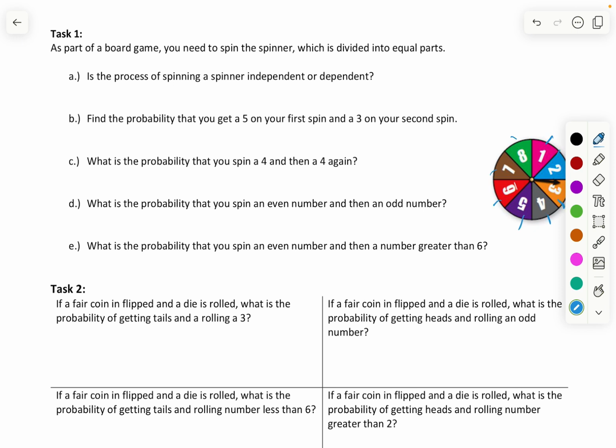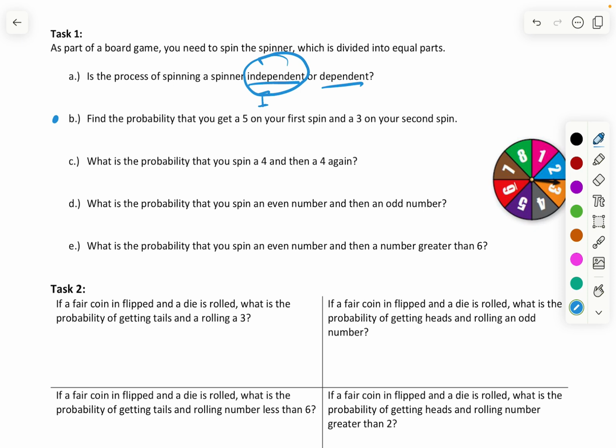There's 8 of them, so I have a 1 in 8 chance to land on any of those different spots. Does 2 spins affect each other? I would say no, so I'd say it's independent. I'll circle it there. If I spin it once, it's 1 of 8. If I spin again, it's still 1 of 8. So it doesn't affect the second spin.